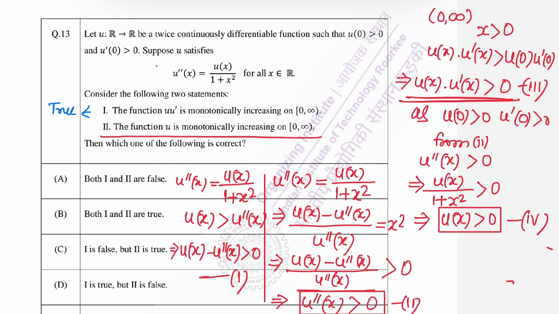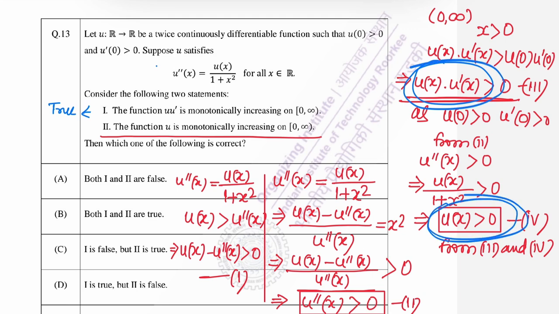Now from 3 and 4, if you see 3, here is 3, here is 4.